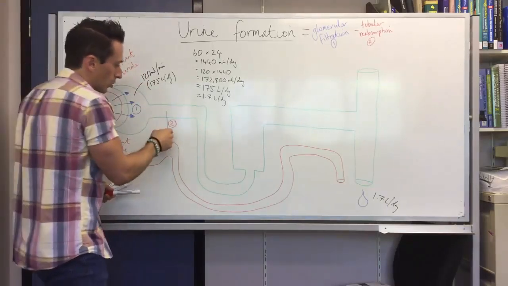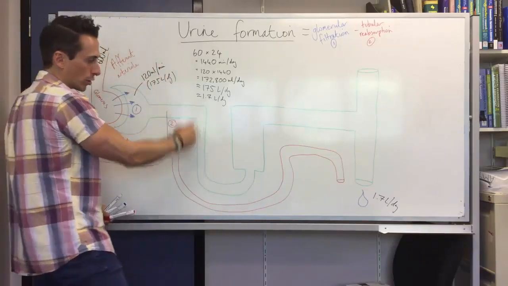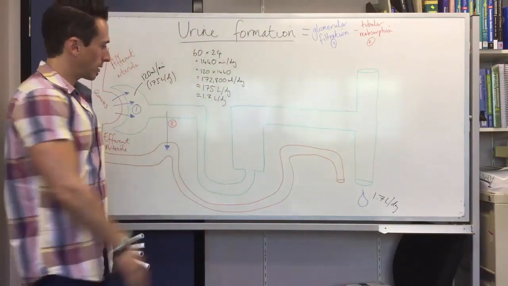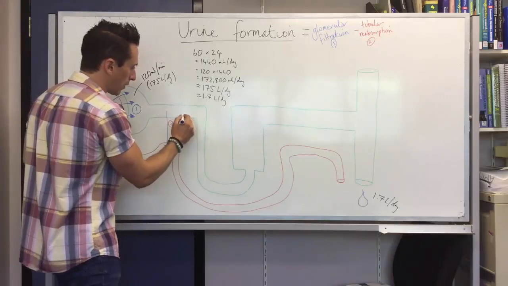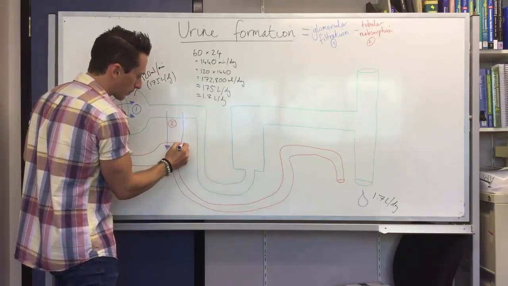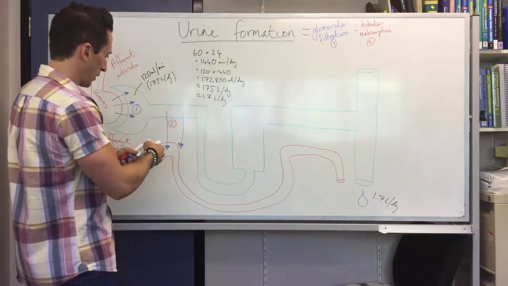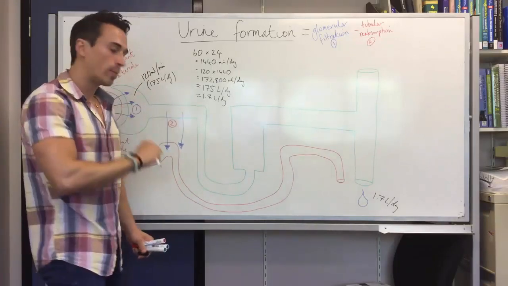So, tubular reabsorption. You've got all these tubes. You've got the proximal convoluted tubule, the loop of Henle, the distal convoluted tubule, and the collecting duct. In actual fact, it happens all throughout. If you were to have a look here, you'd find that at the proximal convoluted tubule, 65% of what's just been filtered goes back into the body.